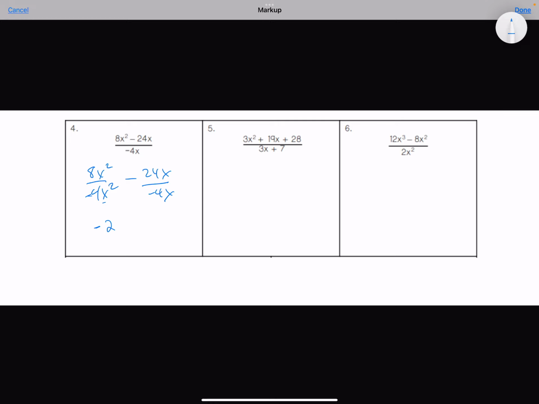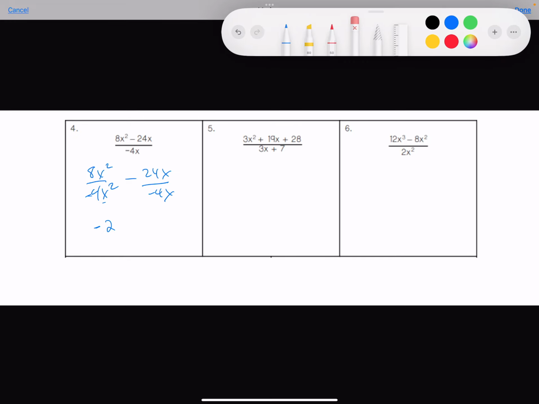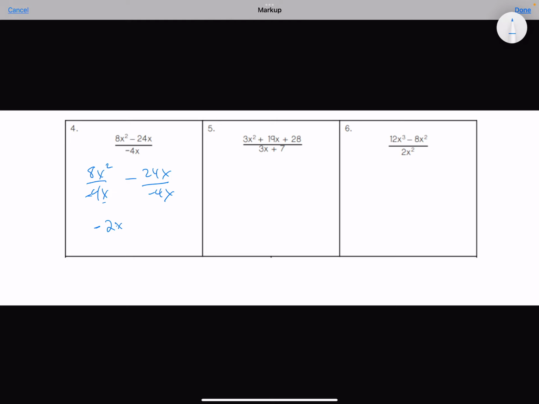Whoops, sorry, it's not. So it's 8x squared divided by negative 4x is negative 2x plus 6. Negative 24 divided by negative 4 is 6. And that would be your answer.